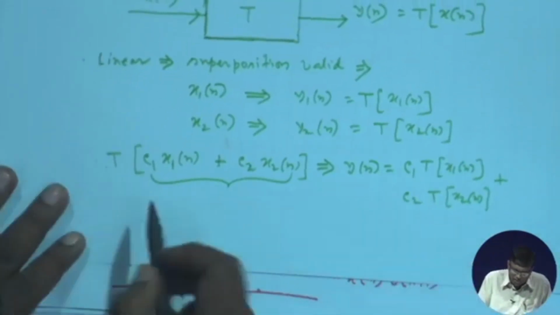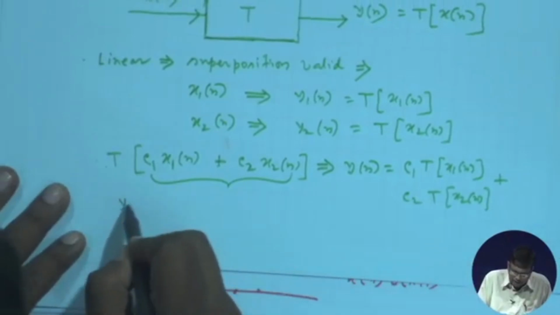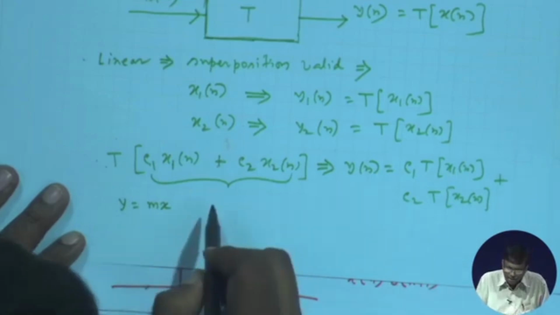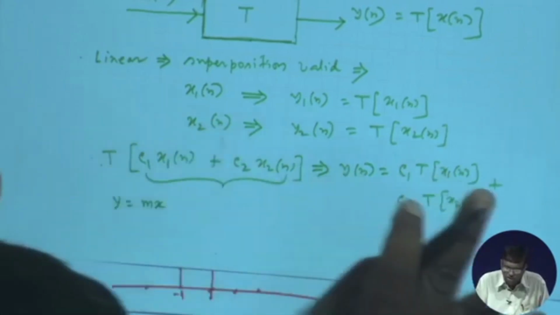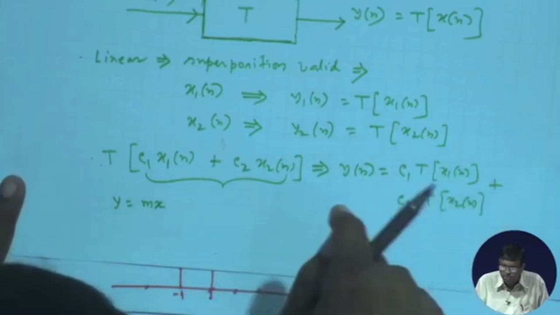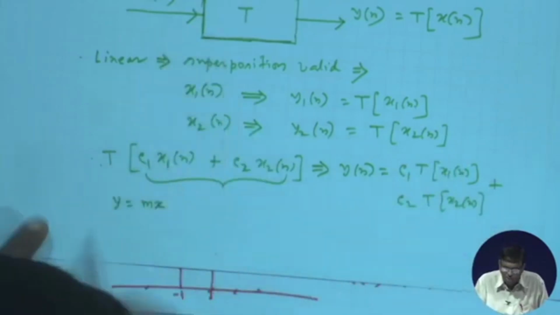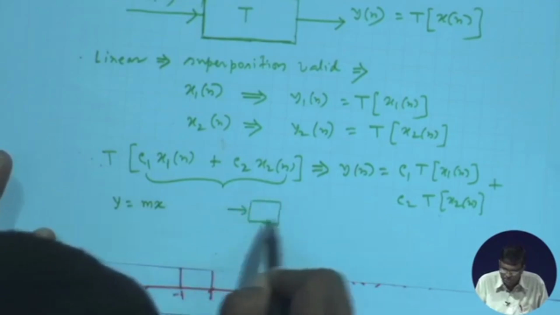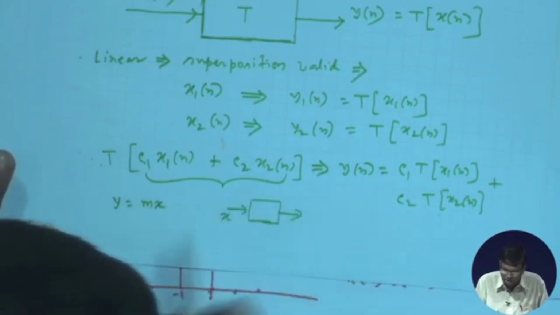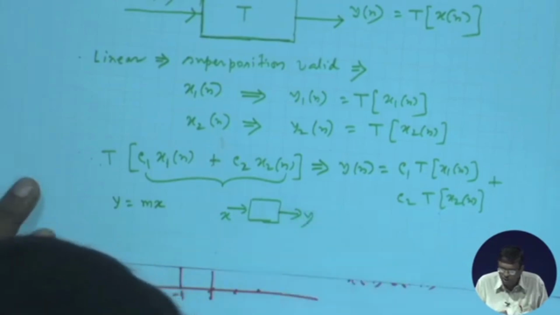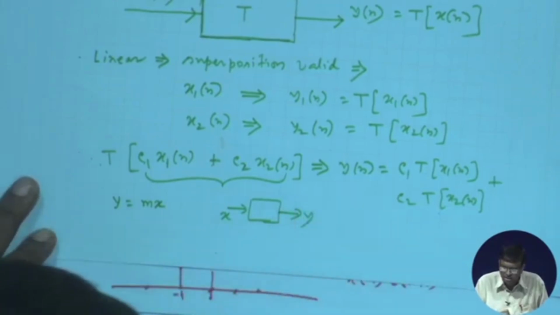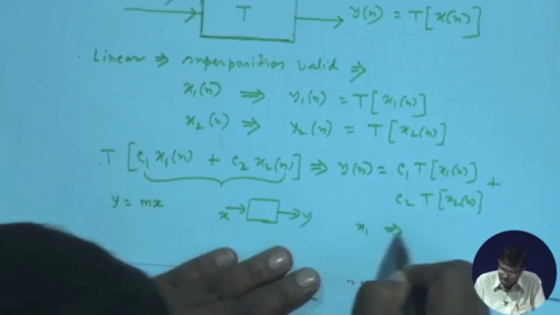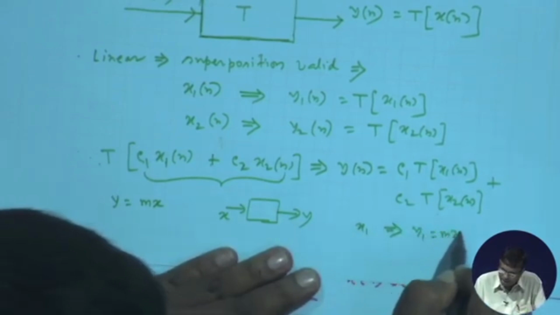Very interestingly, an equation like y equal to mx: if x is an input to a system, forget about sequence, there is no sequence. x is one variable which is input to a system, output is y, and they are related by mx. Then it is linear, because if you give x1, output is y1, say mx1.